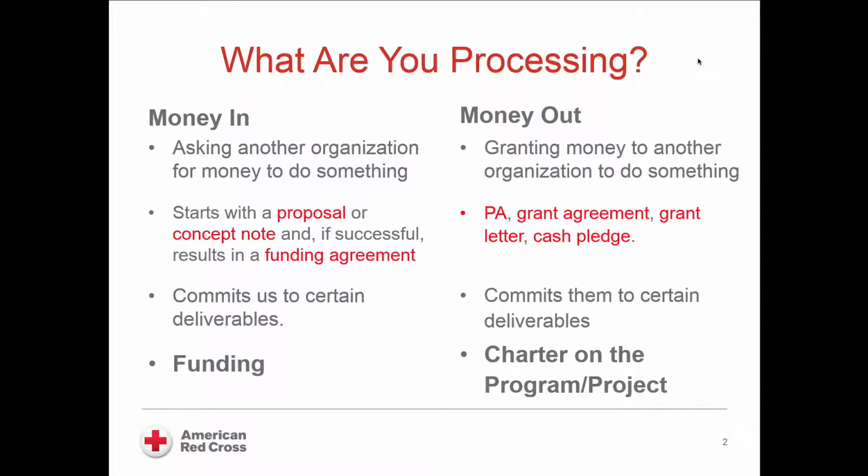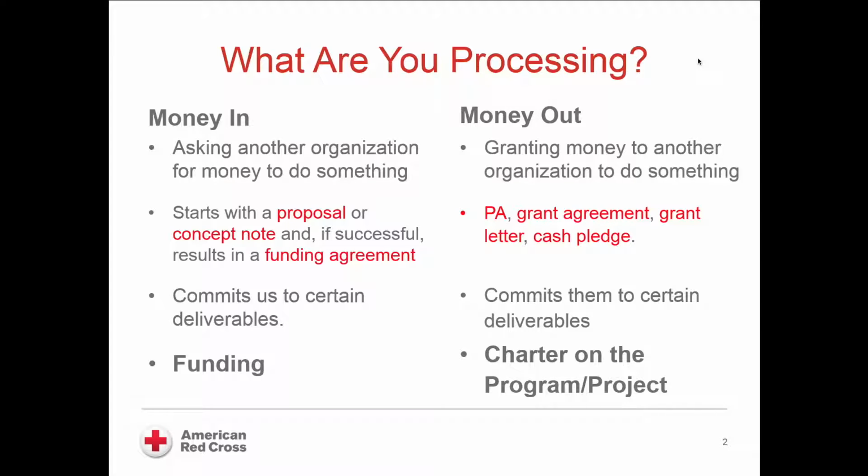So there's a thing called a charter, and that sits on the program or project in ECOS. The program or project is where we manage the implementation, all the work that's associated with actually doing what we've said we would do. So that's the distinction there, and there's two separate realms where you would process these various agreements.